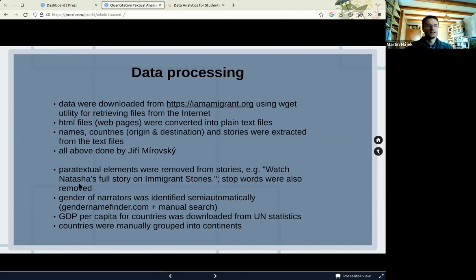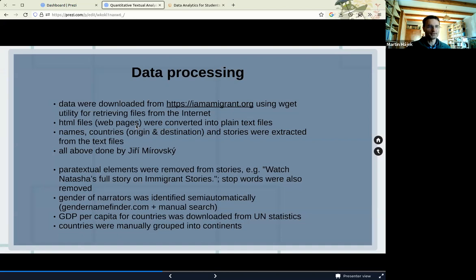First, you have to download data from the website, and for this analysis, data were downloaded using the wget utility that retrieves all files from the server, from the internet site. It's a simple utility, and you download everything from the web. So it includes HTML files, so web pages, but also other things.